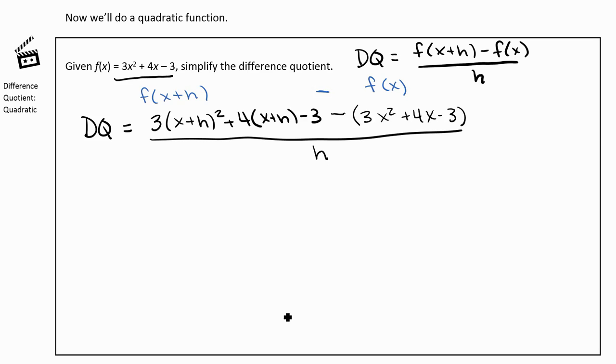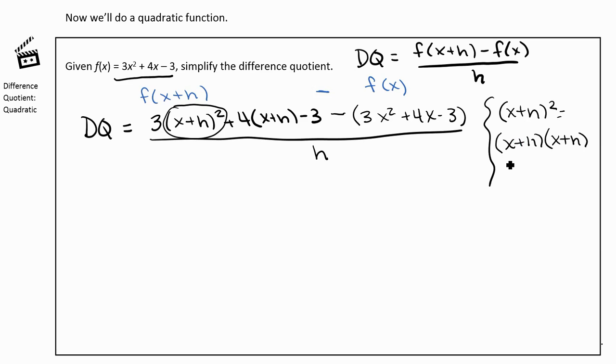Okay. Now, if you think about order of operations, the first thing is exponents. So the first thing we need to do here is the x plus h squared. Let's off to the side work out what x plus h squared is. We can't just square the x and square the h. We have to write it out as x plus h times x plus h. And we're going to FOIL.